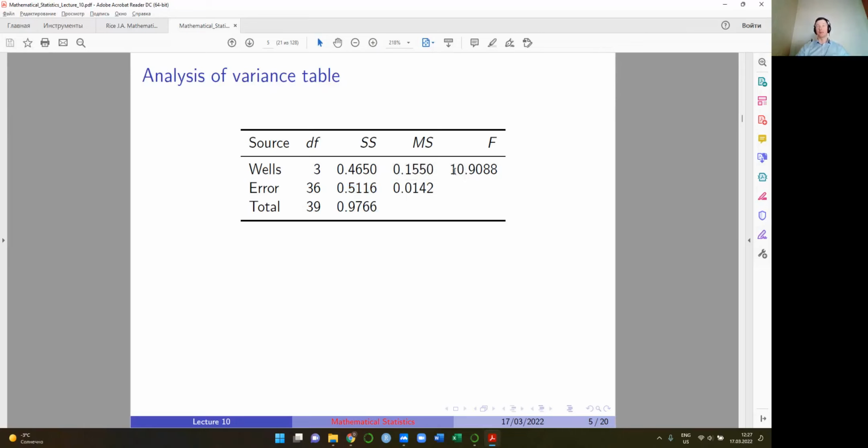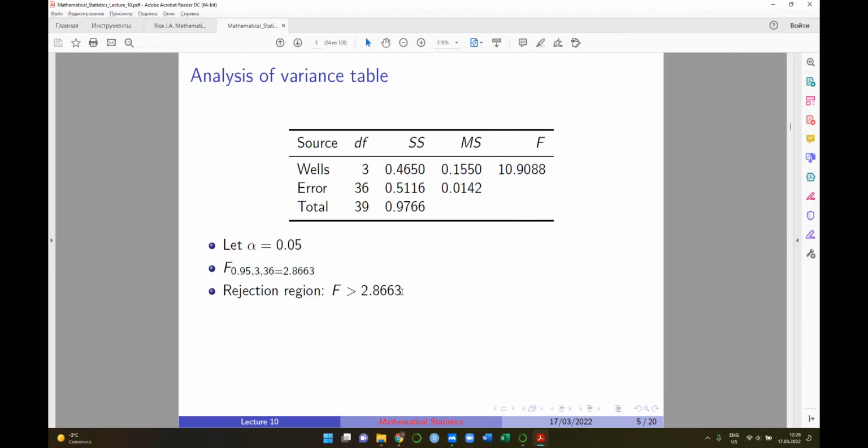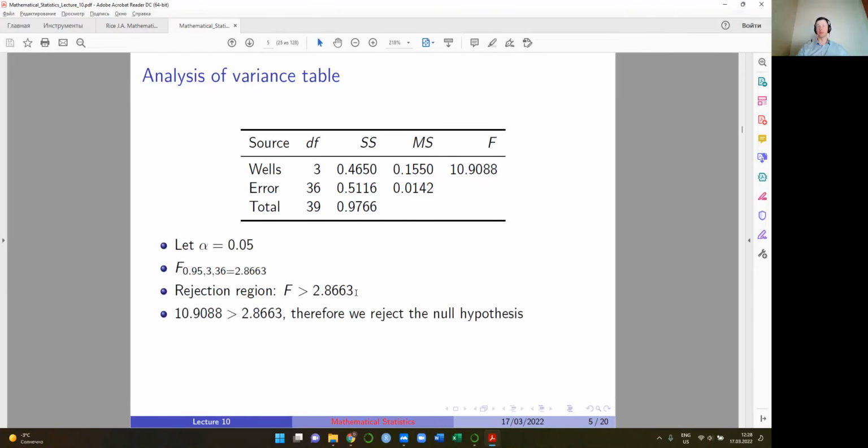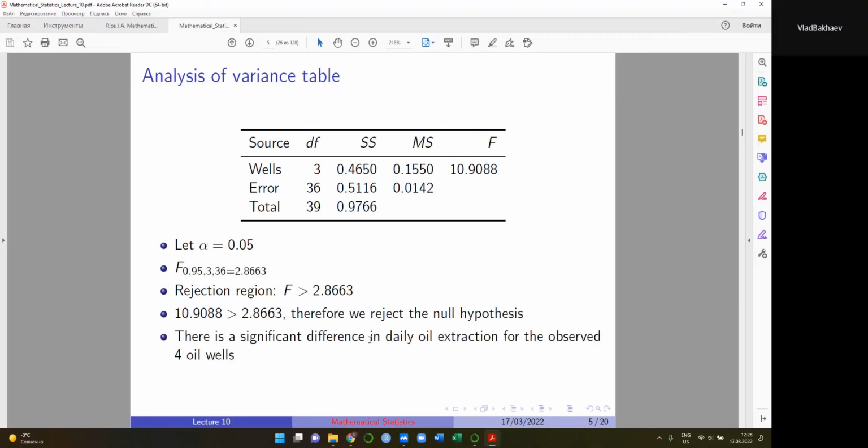And so the F statistic was here, 10.9. We found the critical value of the F statistic, which is 2.87, and the rejection region in this case is here. So we see that F falls into the rejection region, therefore we reject the null hypothesis. Sorry, error is within, right? Error is within, yes. Okay.